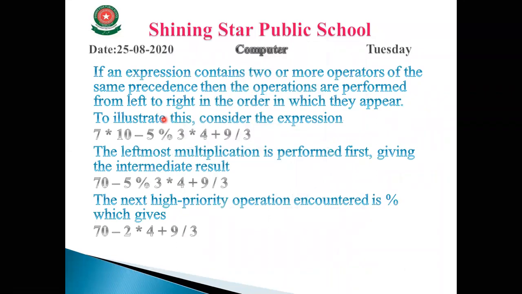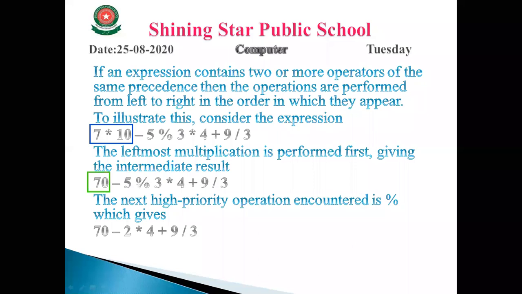Now, let's solve this expression: 7 multiply 10 minus 5 remainder 3 multiply 4 plus 9 divided by 3. The leftmost multiplication is performed first: 7 multiply 10 gives 70.